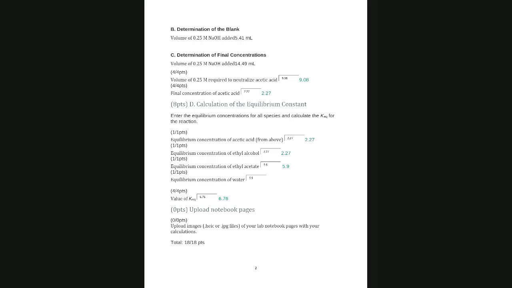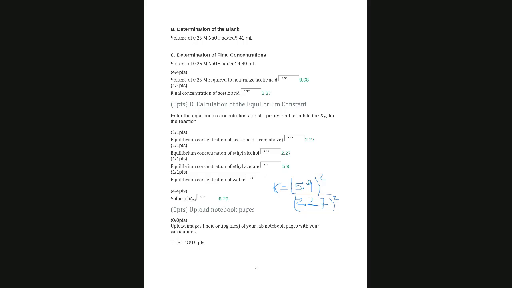And then once you have all these four, all you have to do is say, okay, now it's easy peasy. Concentration of the product squared divided by the concentration of the reactants, obviously in equilibrium, and that's how I obtain that data.